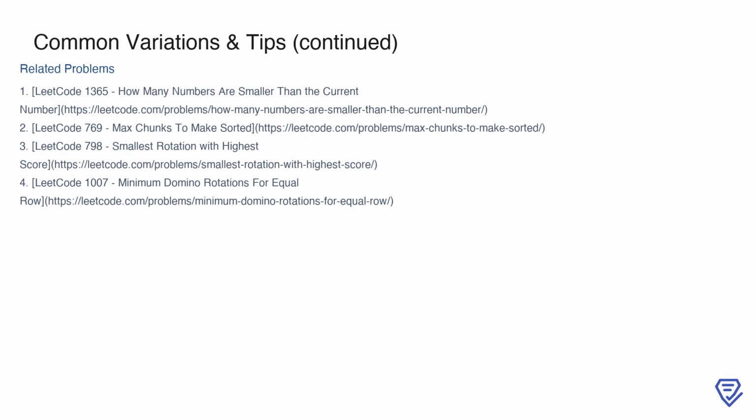Another interesting challenge is LeetCode 798, Smallest Rotation with Highest Score, which deals with optimizing rotations for a scoring condition. Finally, LeetCode 1007, Minimum Domino Rotations for Equal Row, is a problem that tests your ability to minimize operations while meeting specific conditions. These problems can help you build a deeper understanding of array manipulation and optimization techniques.